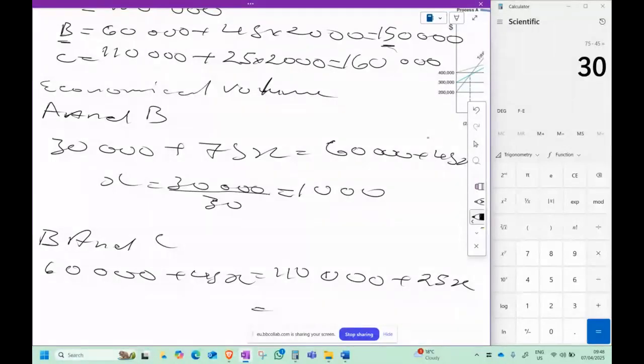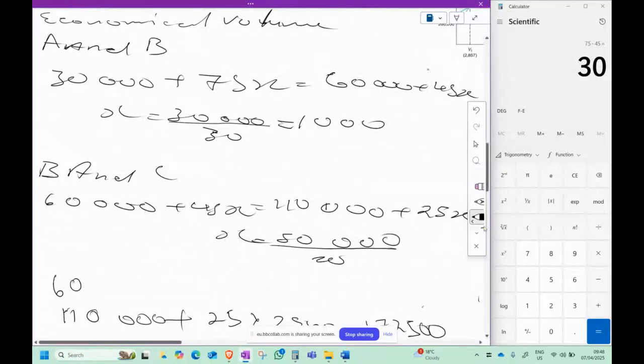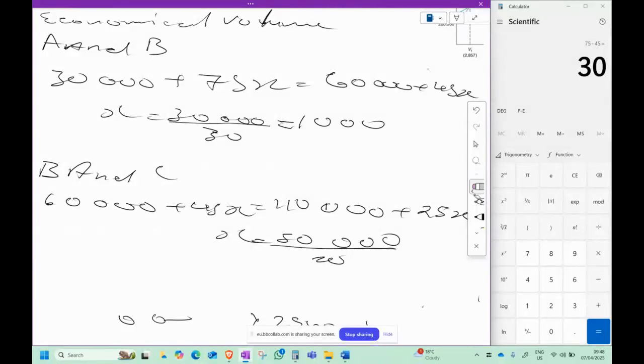X will be 50,000 over 20. The answer is 2.5. All right, our answer is 2.5. X is equal to 2.5.